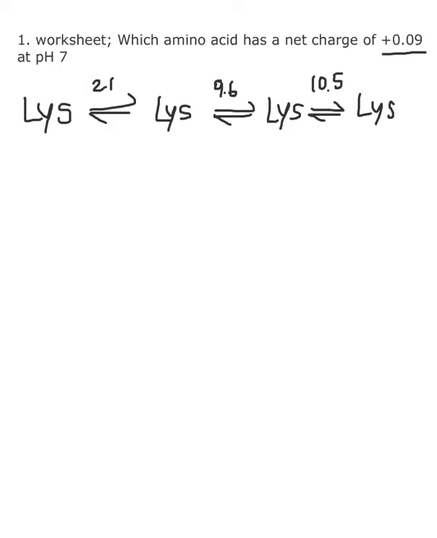The most protonated form of lysine gives you plus 2 charge, the second form gives plus 1 charge, the third form gives neutral charge, and the most deprotonated form gives minus 1 charge.